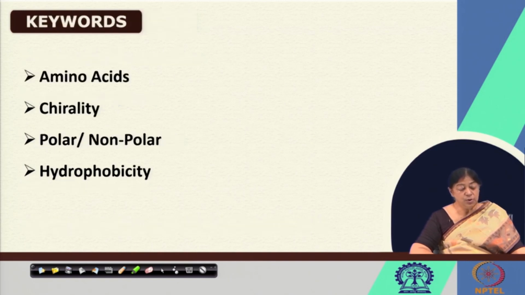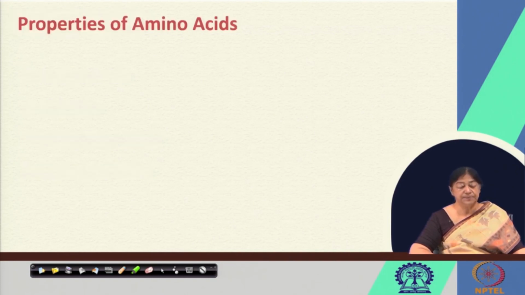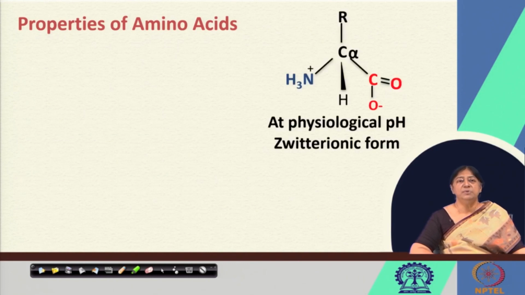Now, to look at amino acids, we understood what chirality meant, the polar and the non-polar parts, and most important, the hydrophobic characteristics of these amino acids. In the general properties of amino acids, we look at what we call the zwitterionic form, where we know that this is a neutral amino acid. Why?